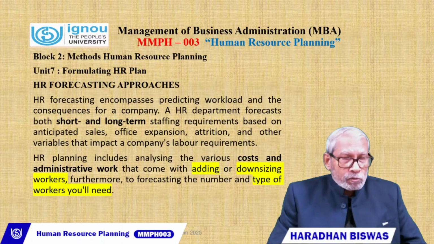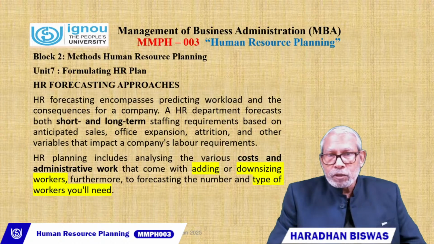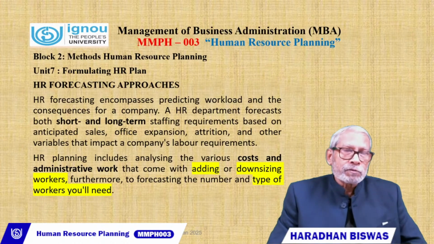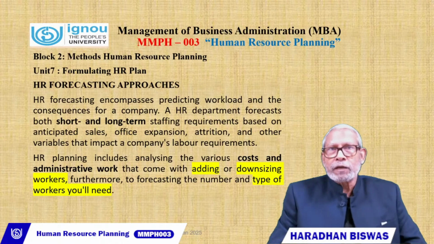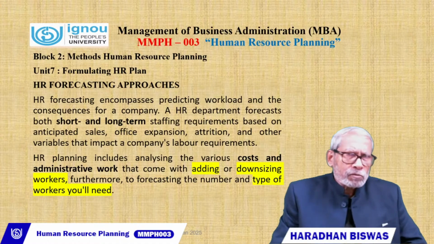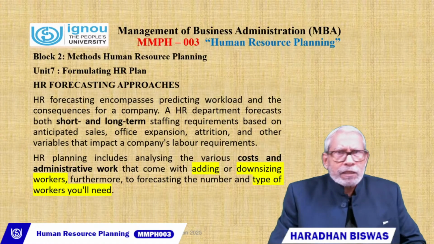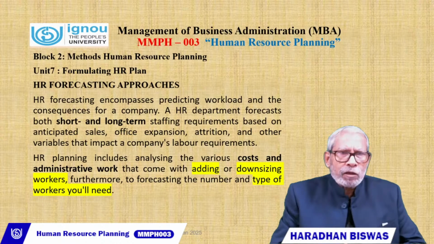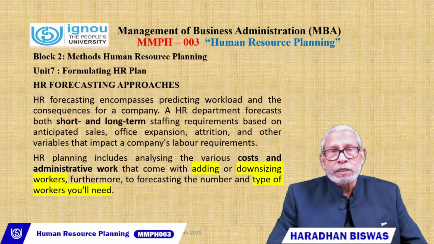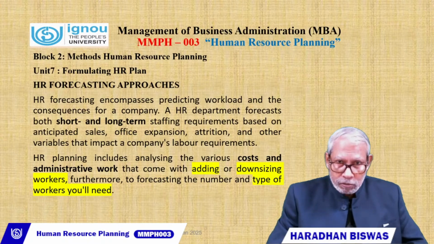You have to decide whether to go for recruitment for adding staff, how much of the existing staff is really required, and the balance may be transferred or downsized. That is another action to be taken. So you have to figure out exactly how many and what type of workers you need.